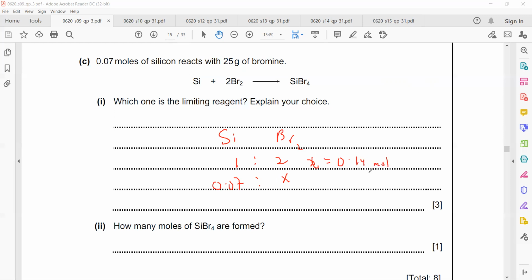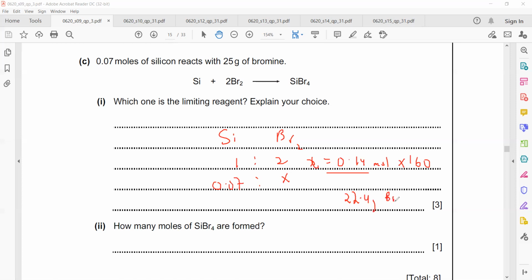And then using these moles, I will find the mass in gram. What will be the mass in gram? So I'll multiply by 160. 0.14 multiplied by 160, what is the answer? 22.4. So it means I need 22.4 gram of bromine.